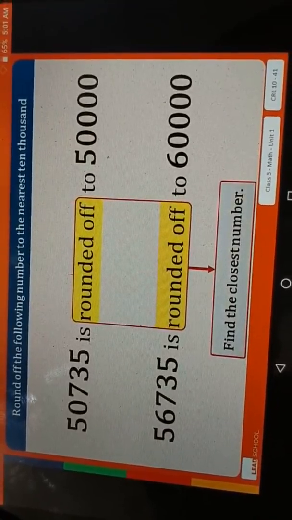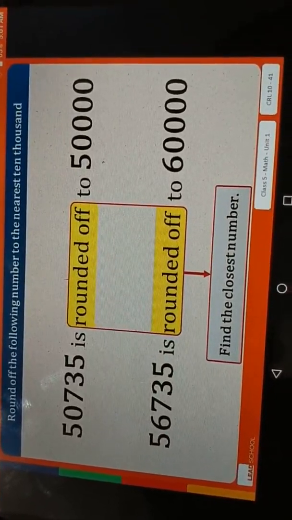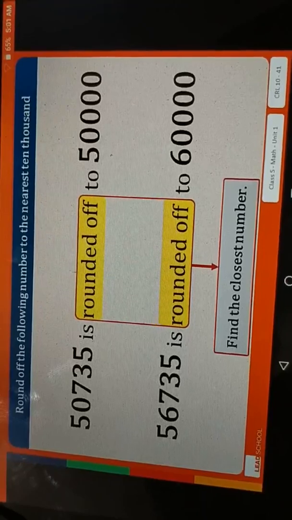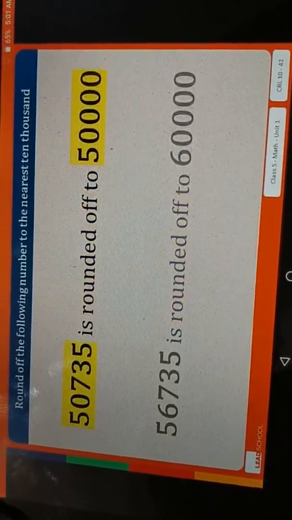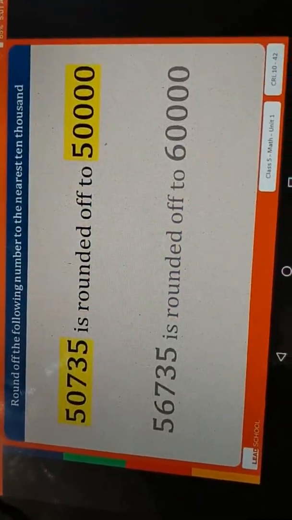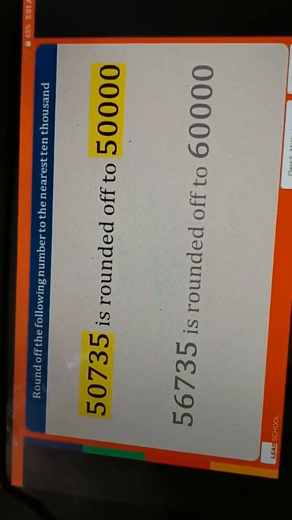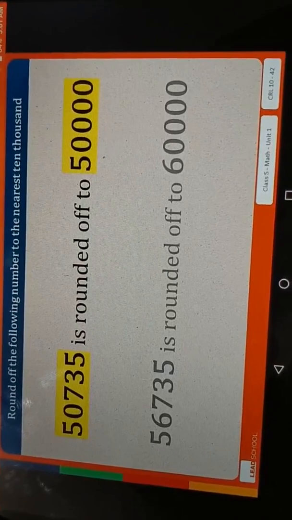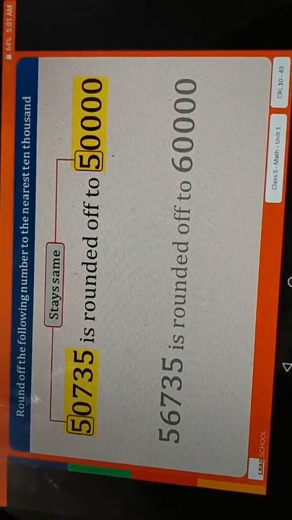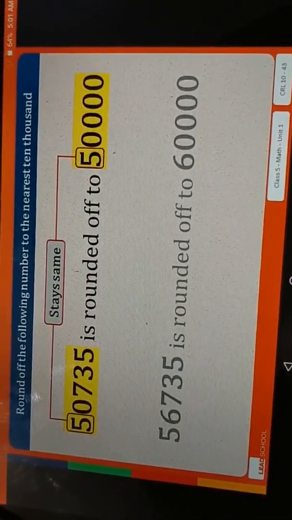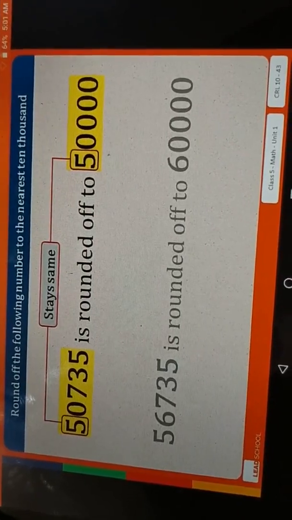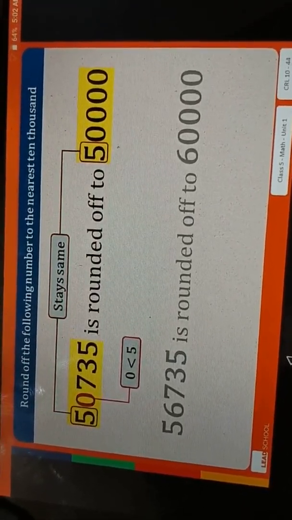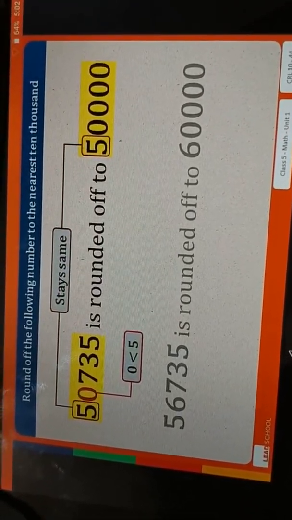We learned in the beginning that to round off means to find the closest number. Thus, when 50,735 is rounded off, we can see that it is closer to 50,000. This is the reason why we keep the rounding off digit the same when the number to the right of the rounding off digit is less than 5.